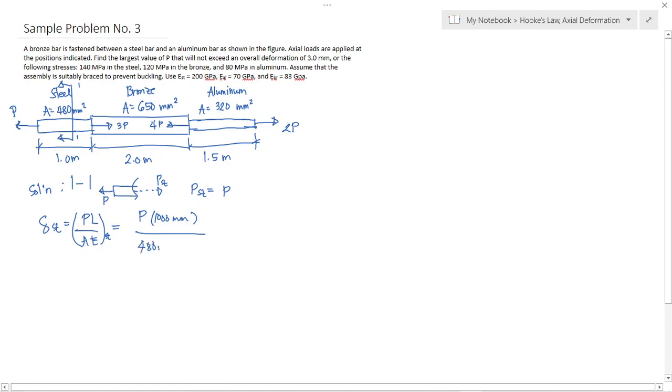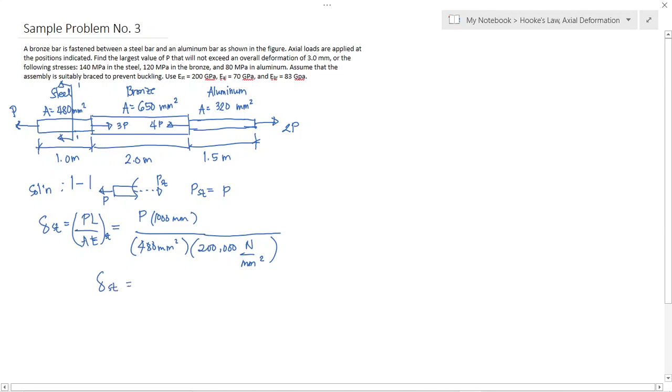So, for 480 square millimeter, then the modulus of elasticity for steel is 200,000 Newton per square millimeter. Why I use 200,000 Newton per square millimeter, just check part 2. Okay, so this is now the deformation of steel.